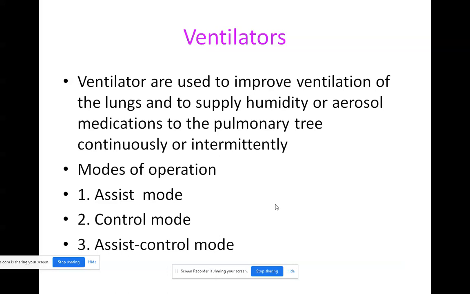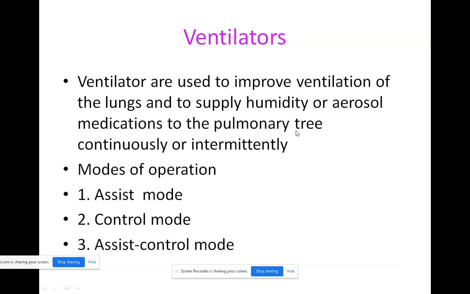That means a ventilator is a device which helps to improve the ventilation in your lungs. When the patient finds it difficult to breathe or has less ventilation to the lung, then with the help of the ventilator, you will provide proper ventilation to the lungs of the patient. Okay.